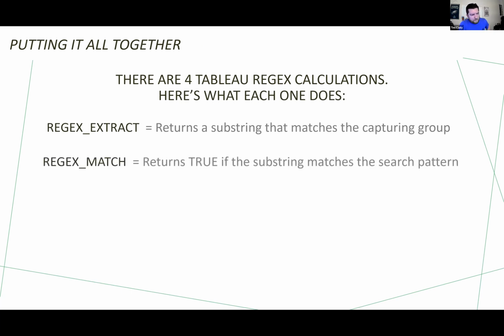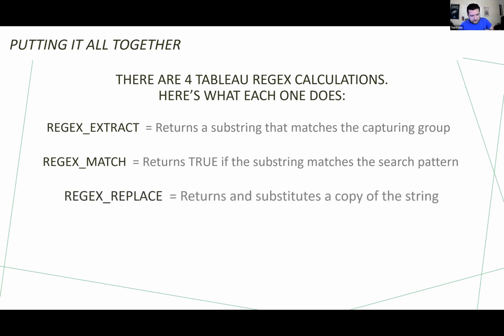The regular expression match is essentially Boolean. It's going to give you a true or false. It's going to tell you whether something exists in your substring or not. Replace, as you might have guessed, is kind of a find and replace on steroids. It's going to look for your search pattern within your string and then replace whatever you've deemed it to replace.